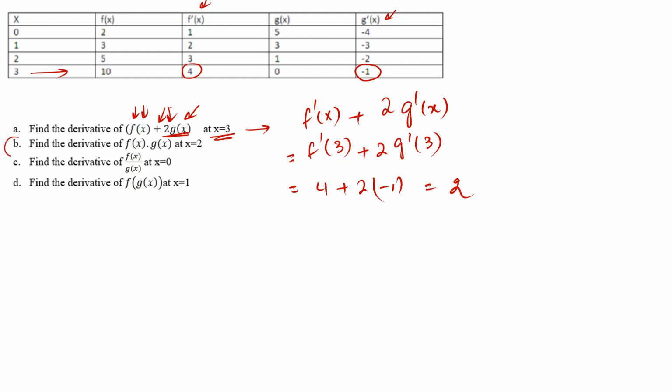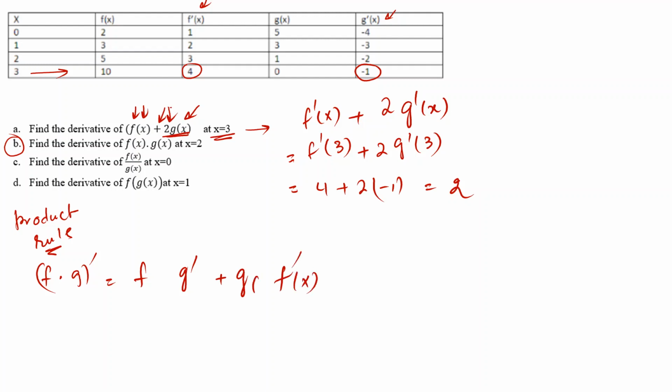Next, question B: find the derivative of f of x times g of x. It means we are going to apply the product rule of differentiation for f times g. That is f g prime plus g f prime. Now write the x to make our lives easier. Now the x will be replaced by 2. It is given to us that you have to read the value at 2.